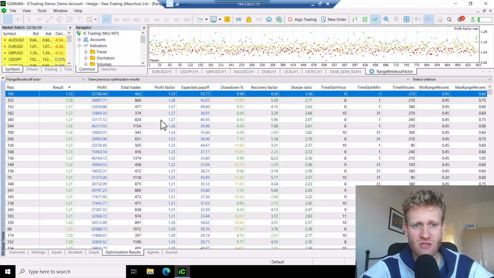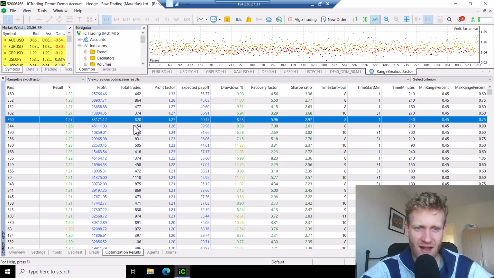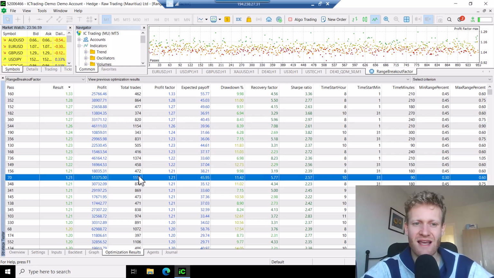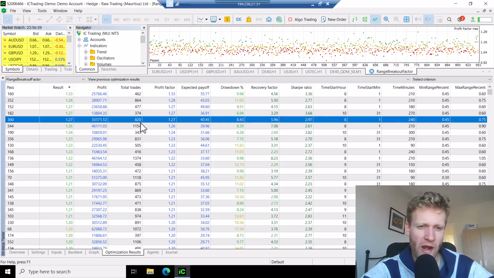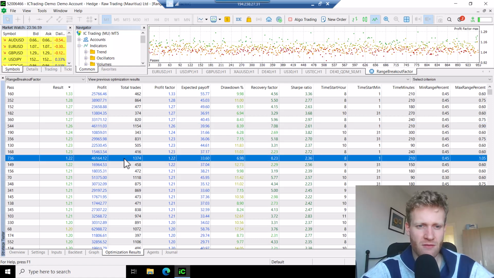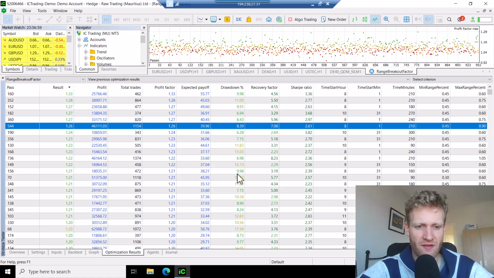So what I like to see is more a result like this, or this, or this. Where we can see at least close to 100 trades or more per year. Because from my feeling, this has more statistical relevance.